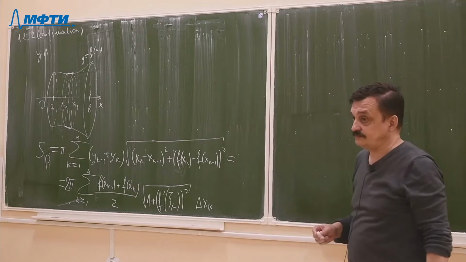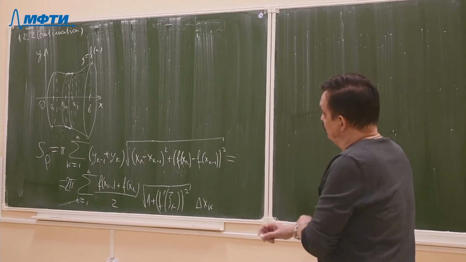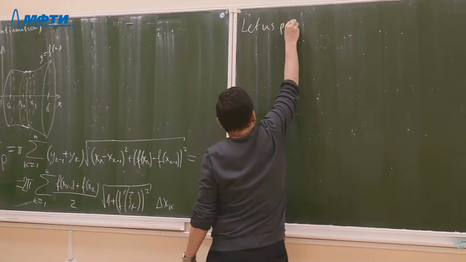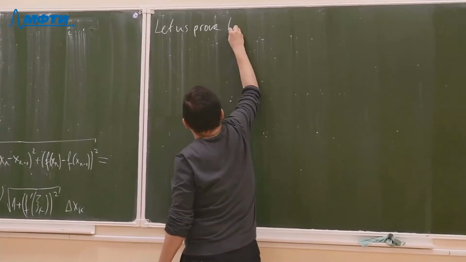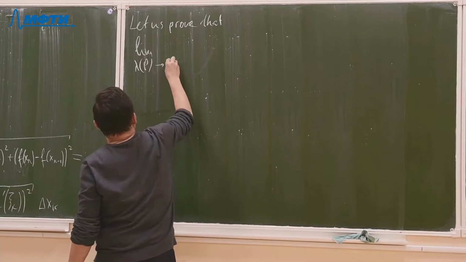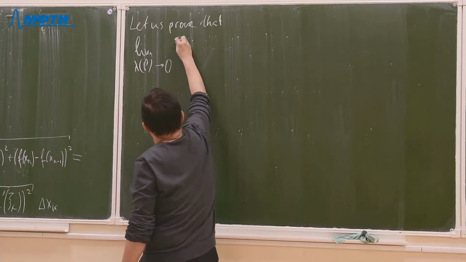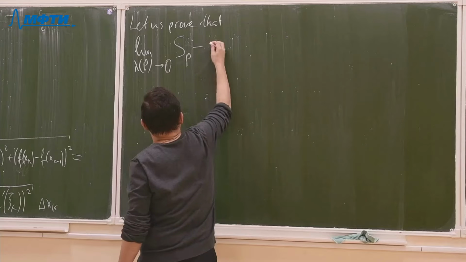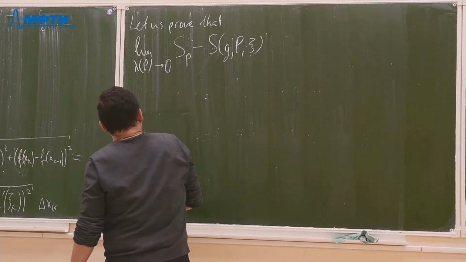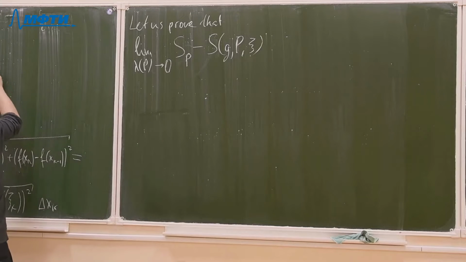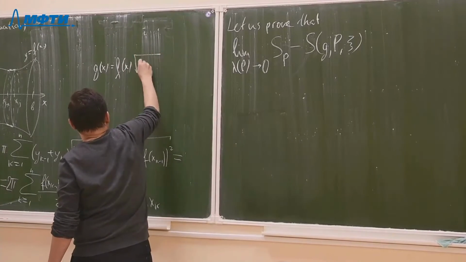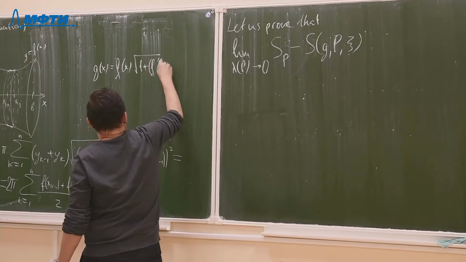And what I want to prove, so let us prove that the limit as norm of partition tends to 0 for the difference between this sum and the integral sum for the function g of x, which is equal to f of x square root of 1 plus f prime of x squared.